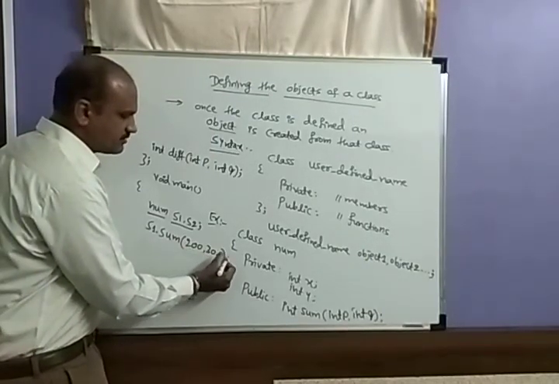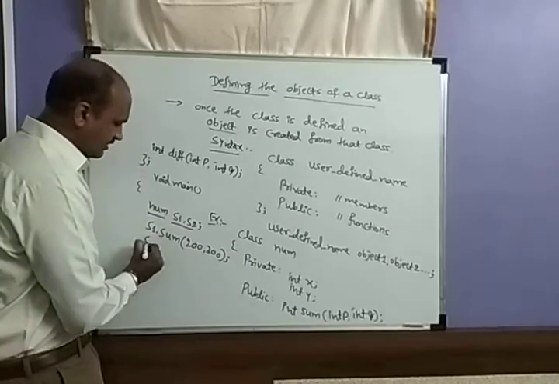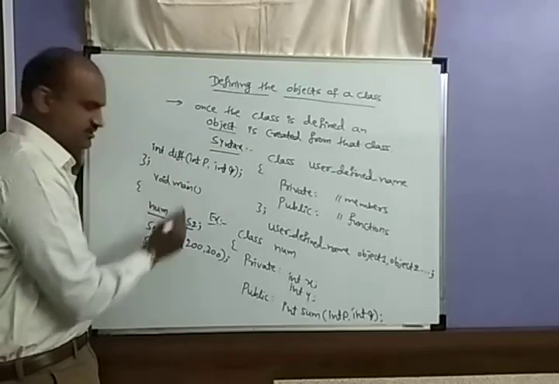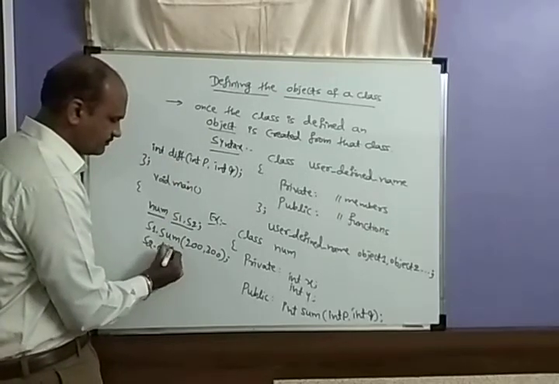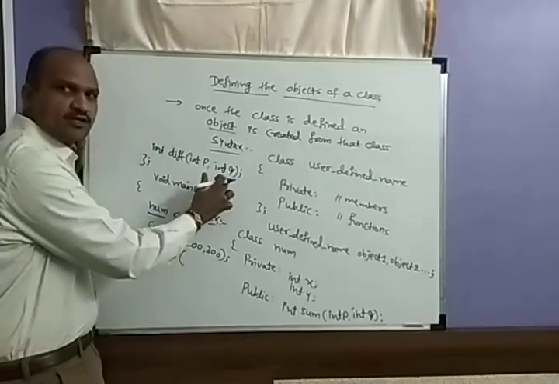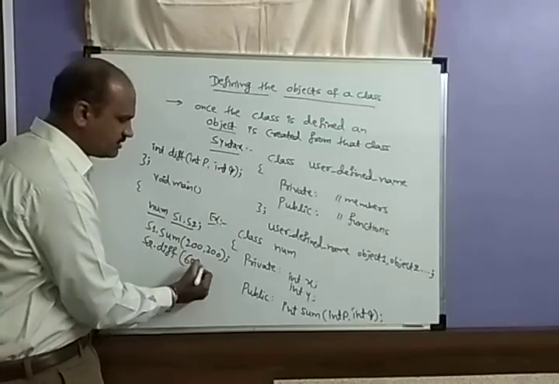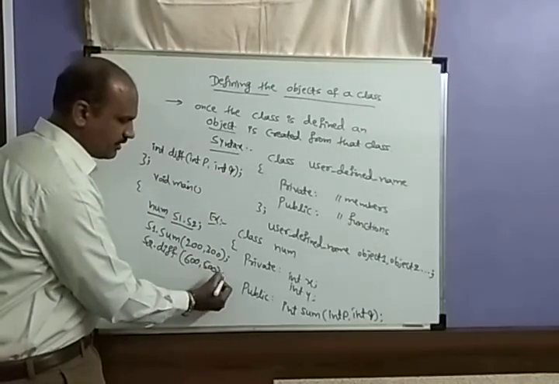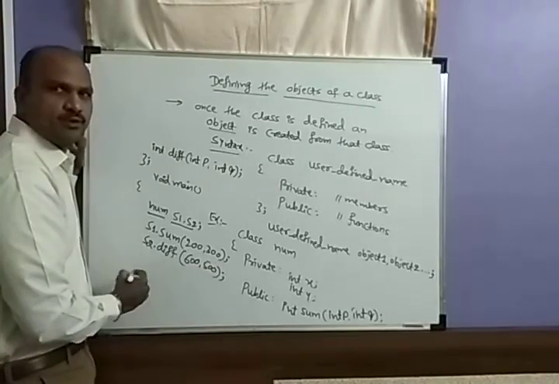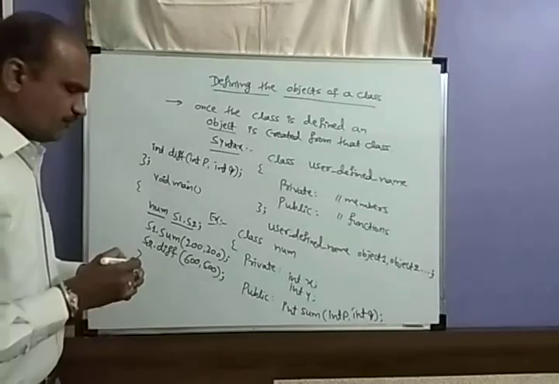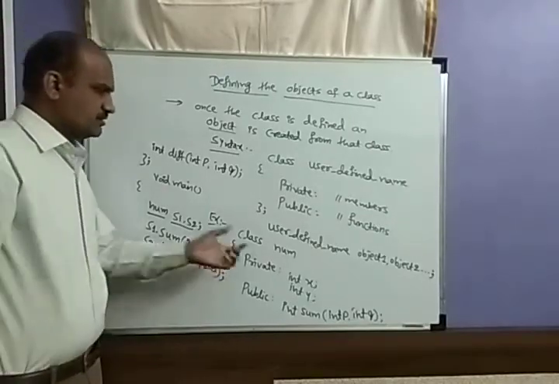Then the second one, S2 is an object, the function name is this one, and again two arguments are passed with integer values, any values. Close the brace.